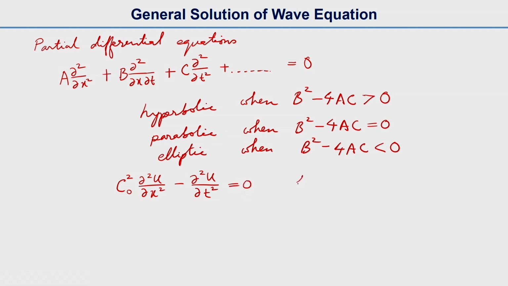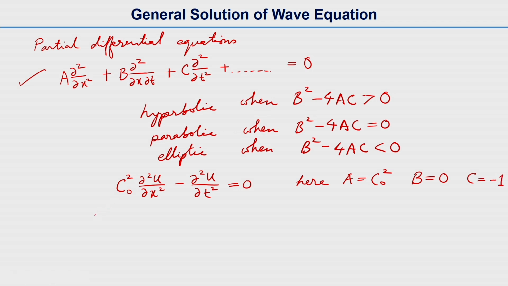So here A is c naught square if we compare with the equation at the top, b equal to 0, and c equal to minus 1.